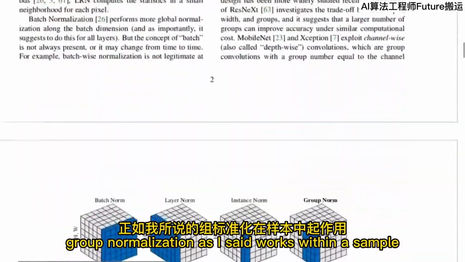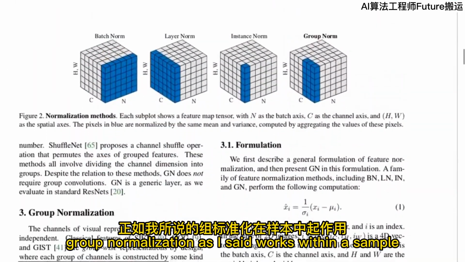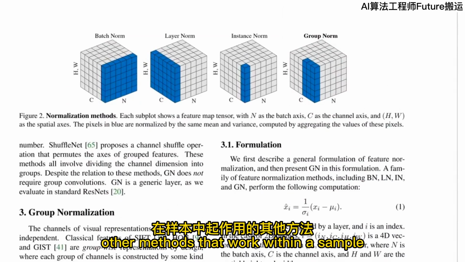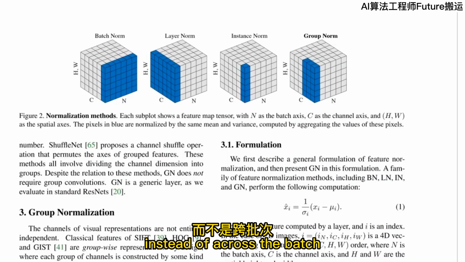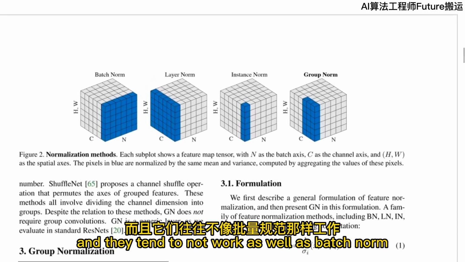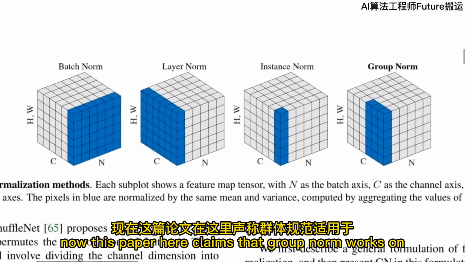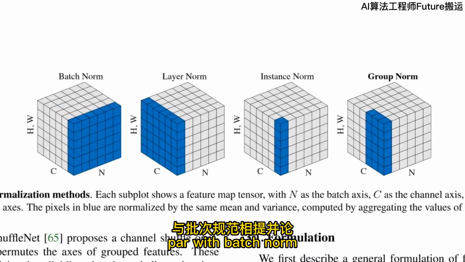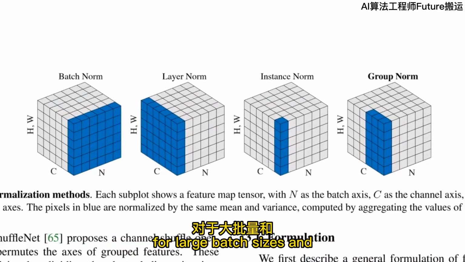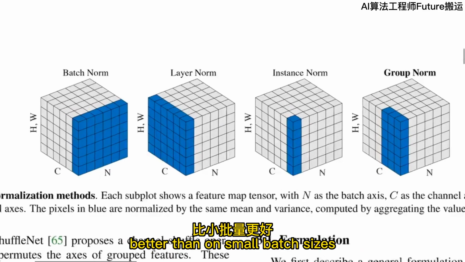Group normalization, as I said, works within a sample. Now there have been other methods that work within a sample instead of across the batch, and they tend to not work as well as batch norm. Now this paper claims that group norm works on par with batch norm for large batch sizes and better on small batch sizes.